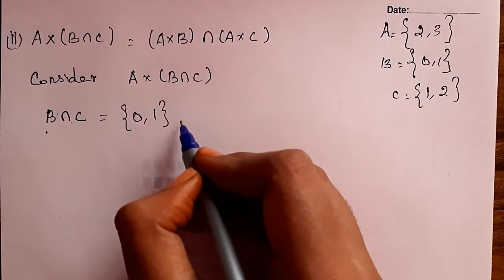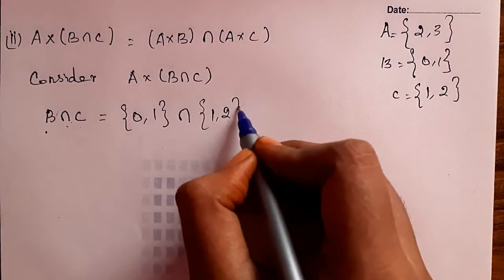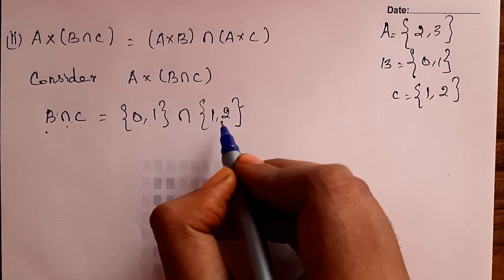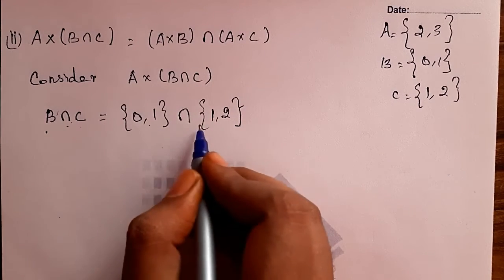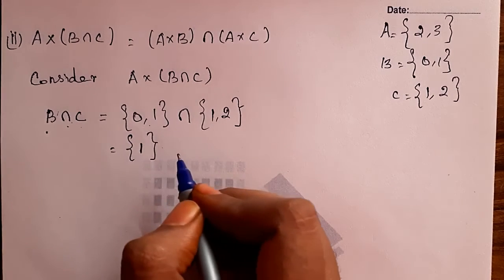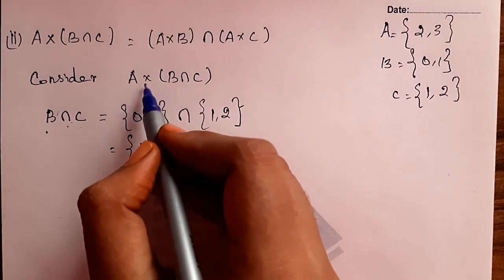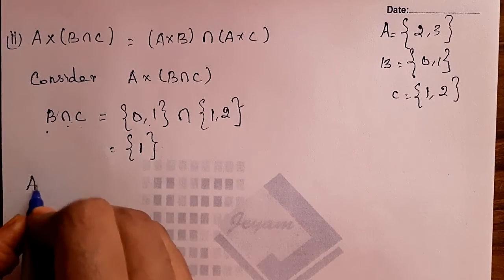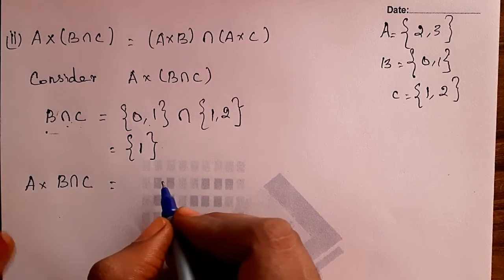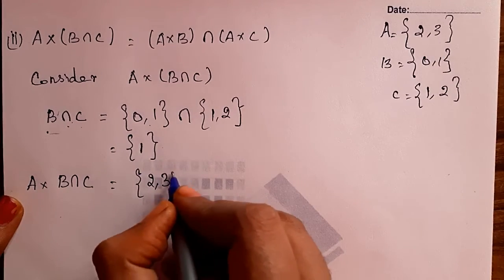So what is B? {0, 1}. Then intersection. What is C? {1, 2}. What I said, intersection means we have to collect common. So what are the common things from both? The set {1}. It is a singleton set, only one element is here. So now we can cross with A. So A cross this B intersection C. A is {2, 3}.